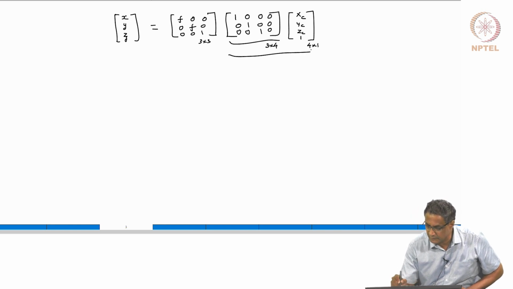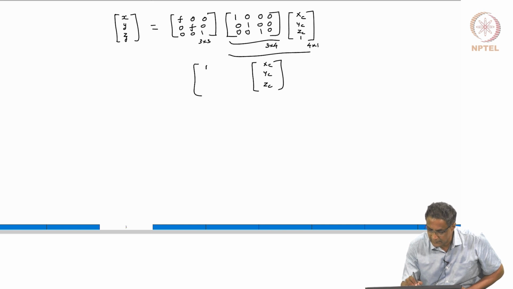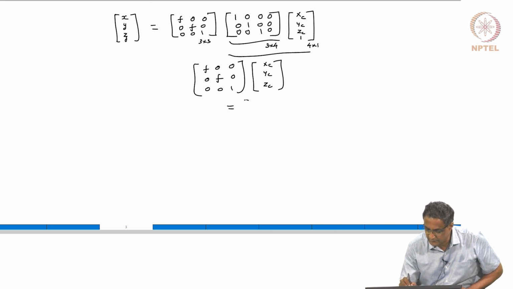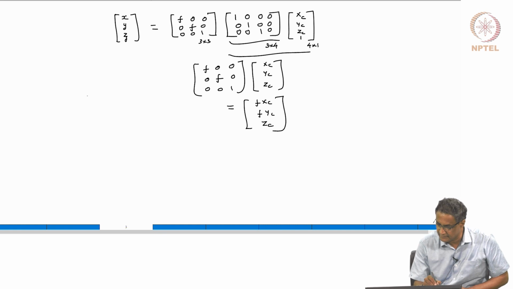If you multiply these, you get xc, yc, zc, and then f 0 0, 0 f 0, 0 0 1. This in turn will give you fxc, fyc and zc, which then means that small x equals f times xc, small y is equal to f times yc, and small z is equal to zc.